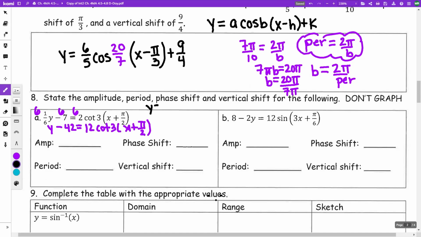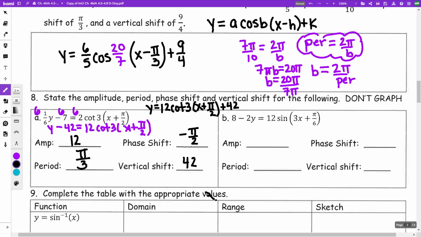So y is equal to 12 cotangent of 3x plus pi halves, plus 42. Now my amplitude is going to be 12. My period for a tangent and a cotangent is pi divided by your b. Phase shift is going to be negative pi halves, and my vertical shift is 42.